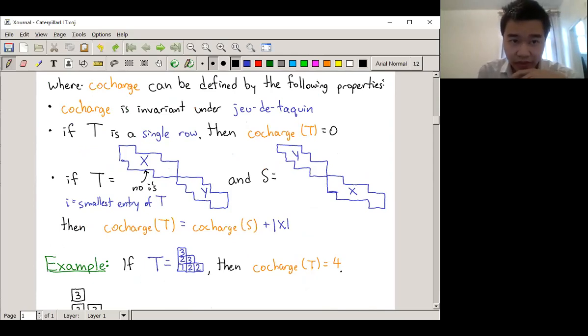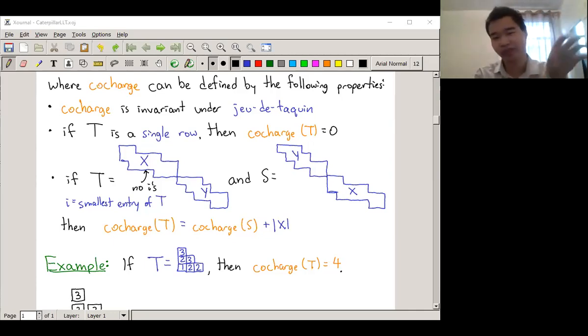So I've written out some properties that are sufficient to define co-charge in case anyone's interested. But I'd say that I'm happy if the extent to which you understand it is that co-charge is a number associated to a tableau, and it's bigger if you've got lots of numbers on top of other numbers. I think that's probably enough for us to understand about it.